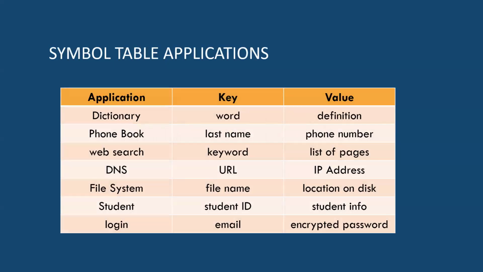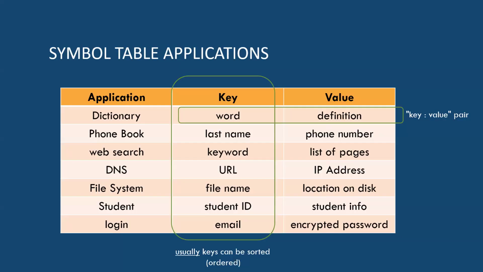So let's look at the symbol table idea. Where would we use this or see this used out in the real world? All sorts of places. Dictionaries: the word is a key, the definition is the value. Phone book: look up by last name, get the phone number. The web search: maybe I put in a keyword and Google search provides me a list of pages. That could be the value that's provided.